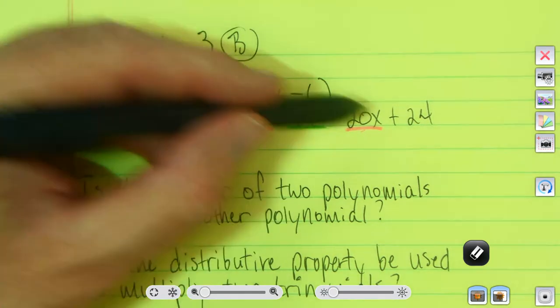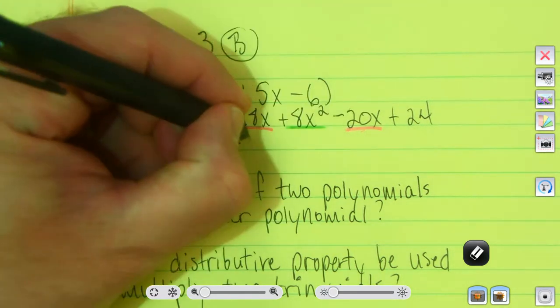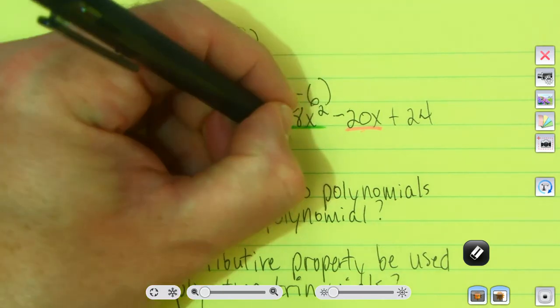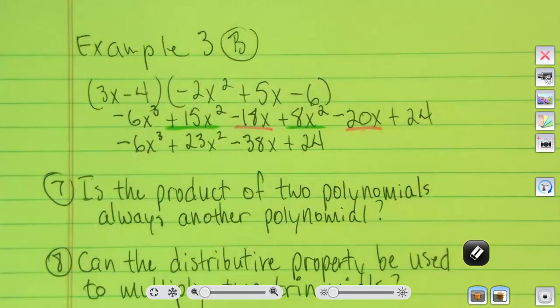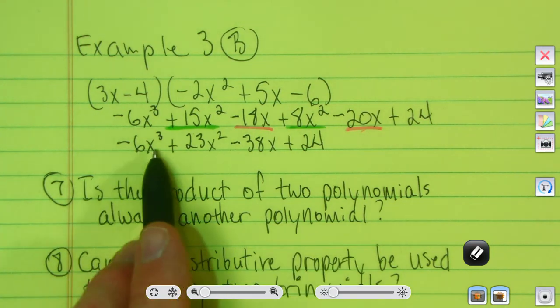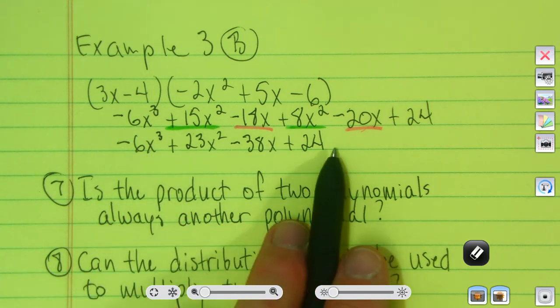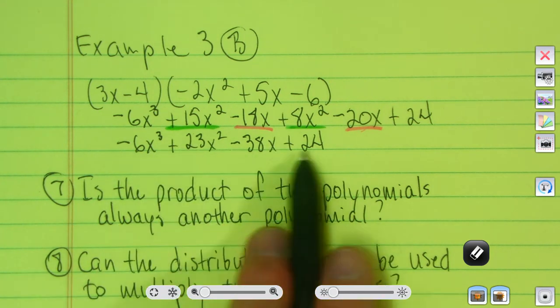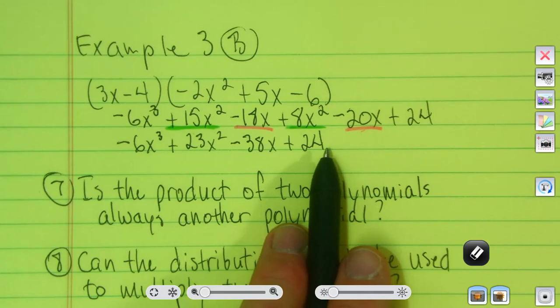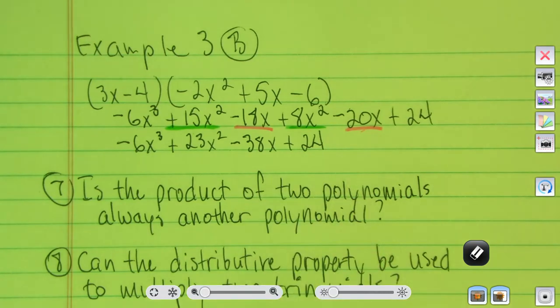Then negative 18, negative 20 is negative 38x plus 24. My degrees here are 3, 2, 1, 0.